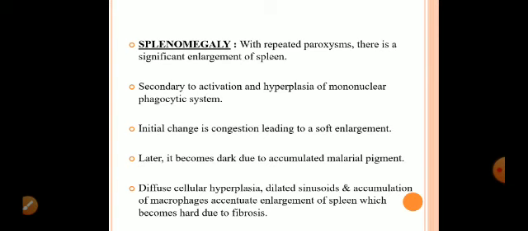Diffuse cellular hyperplasia, dilated sinusoids, and accumulation of macrophages increase the enlargement of the spleen, which becomes hard due to fibrosis. Splenomegaly is seen in 30 to 40% of the cases.